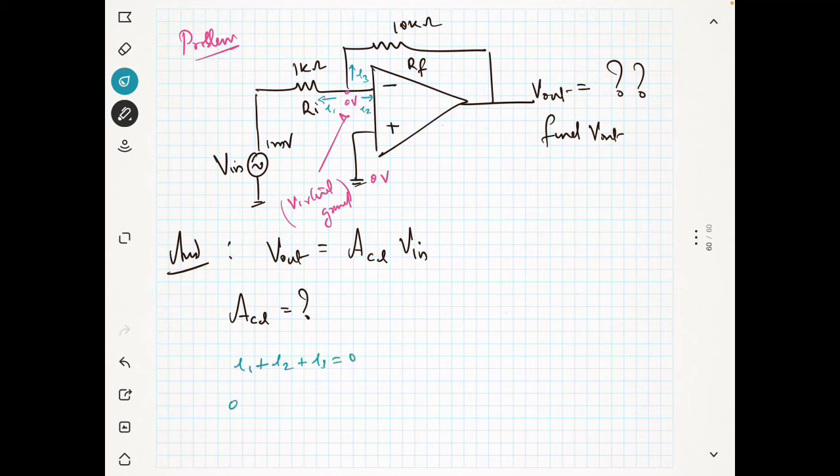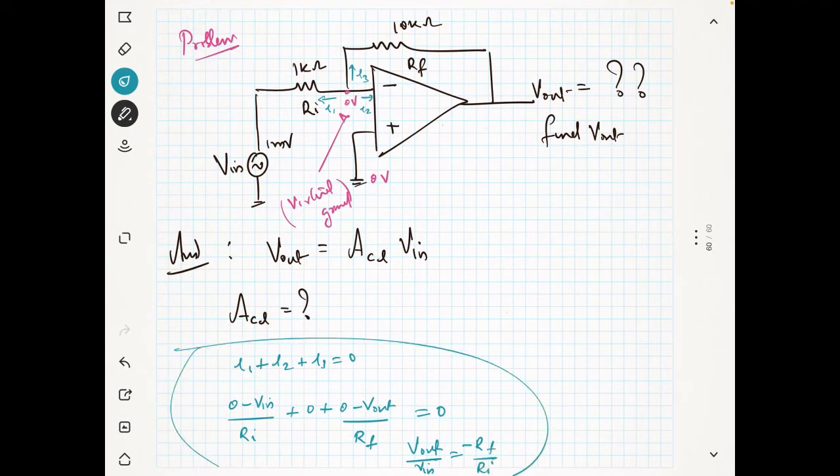Then it becomes (0 minus V in) divided by Ri plus 0 plus (0 minus V out) divided by Rf, right? This is equal to 0. If you solve this equation, you will get V out by V in is equal to minus Rf by Ri. So this is the proof. Anyway, within one step you are getting the proof.